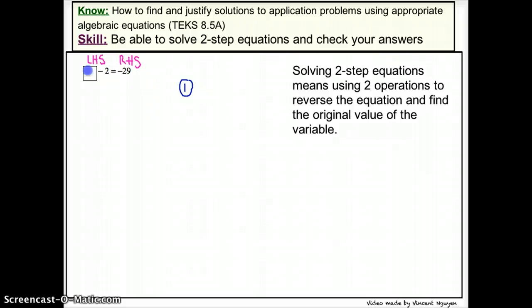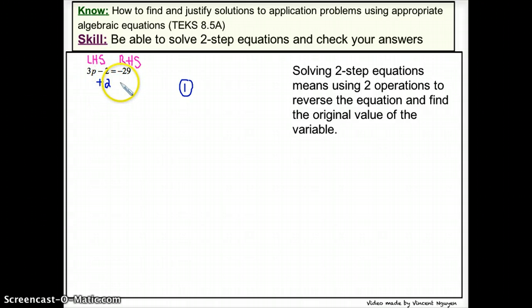I would have to move the negative 2 away from the 3p to the right-hand side of the equation. In order to do that, I would use reverse operation. So instead of negative 2, I would have to add 2. I'm going to add 2 to that side of the equation, so that will zero it out.